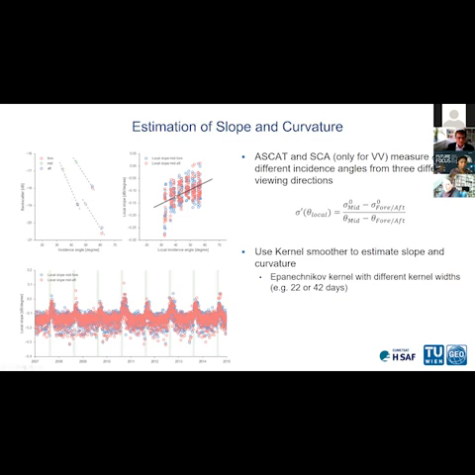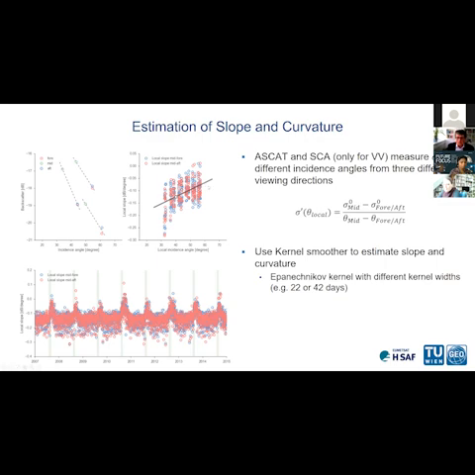We can estimate the local slope behavior for each of these backscatter triplets. Here you would see three of those triplets. If we then put those local slope estimates into another diagram that plots the local slope versus the local incidence angle, we see it follows a certain behavior.